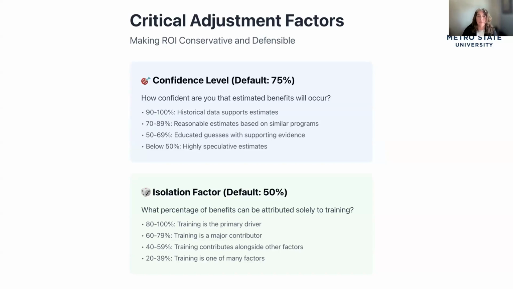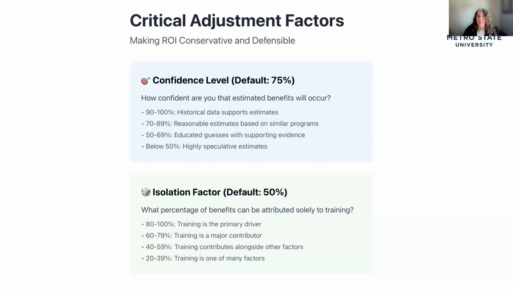In my years developing and being part of curriculum development and program development, one of the biggest pushbacks I got when trying to secure funds, not really raise them, but say, hey, this program's worth an investment from our budget, was these two. First is confidence level. How confident are you that the benefits you worked so hard to estimate are actually going to occur? And this gives us a nice way to look at that.